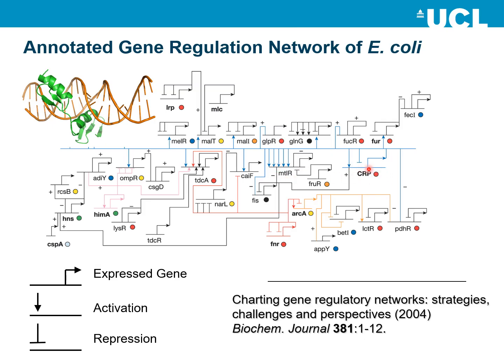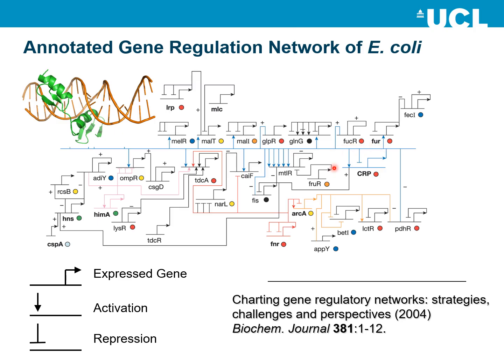The arrow at the end represents the expression of this gene as a protein. Then we have arrows like this indicating activation of another gene. So for the FAR gene, CRP activates it, or the bar indicates repression. So it actually represses itself, but it also activates itself in a different region of its DNA.